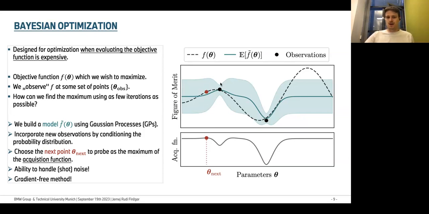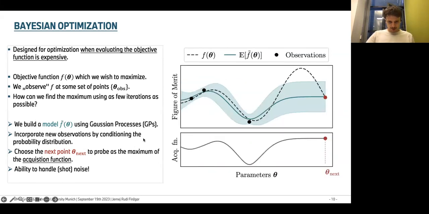So if the points that you are observing are subject to, for example, experimental noise or shot noise, you can naturally incorporate this into your model. And another nice thing is that you don't need any gradients of f. As I mentioned at the beginning, let's assume this black box setting. All right.